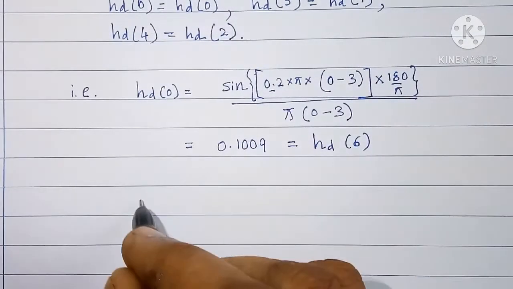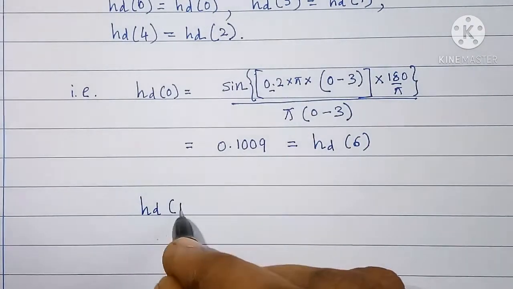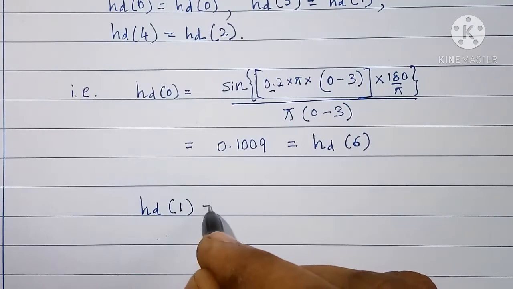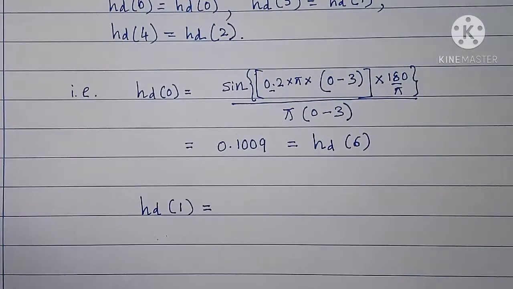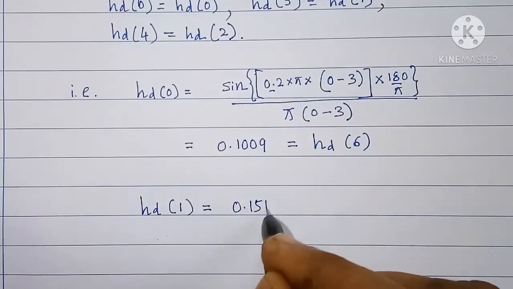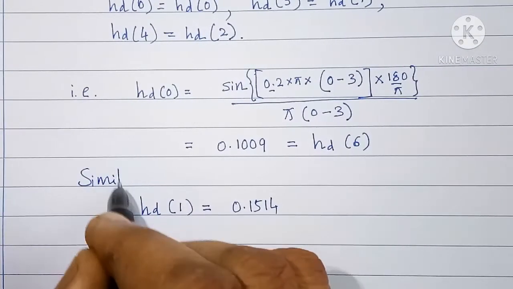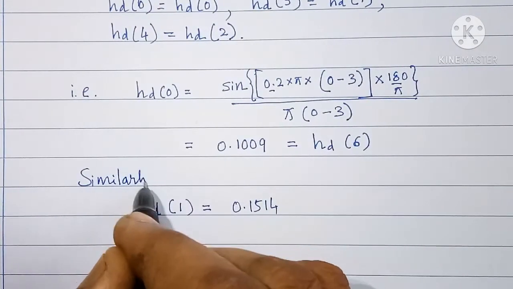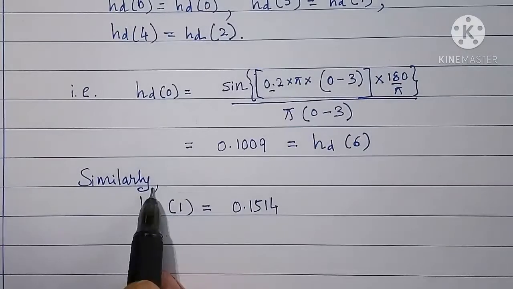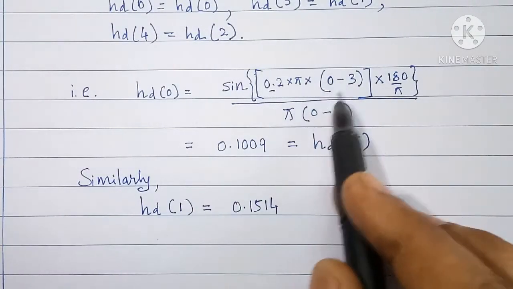Similarly, we will compute HD of 1, that is equal to 0.1514. You put similarly here, and in HD of n, you go on changing the value of n.